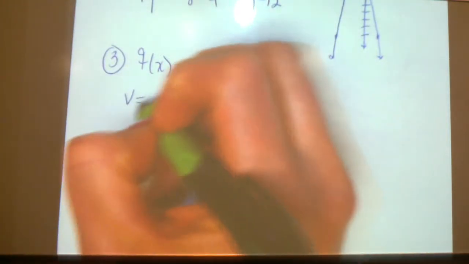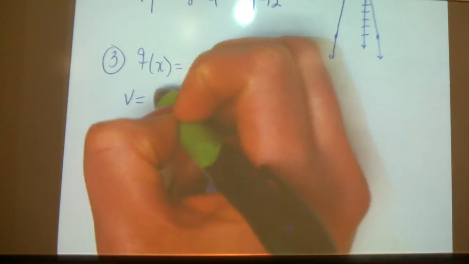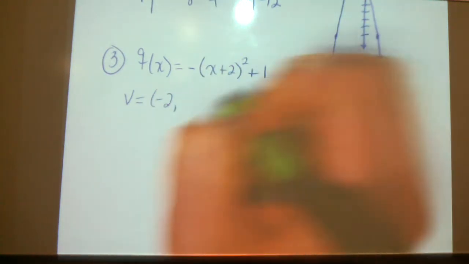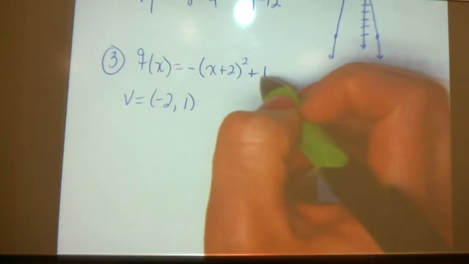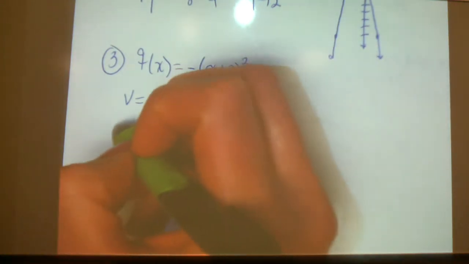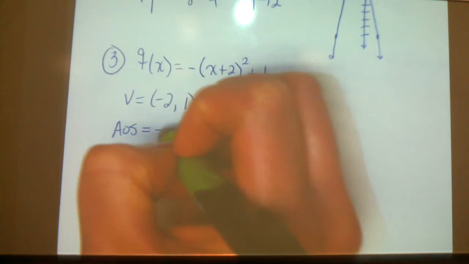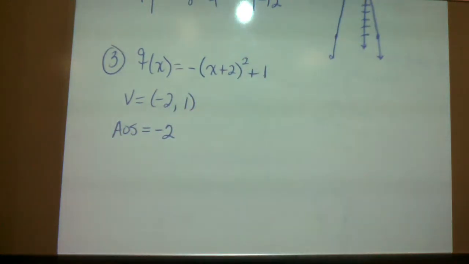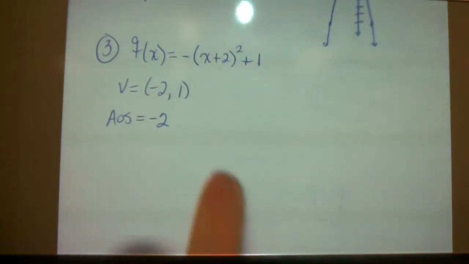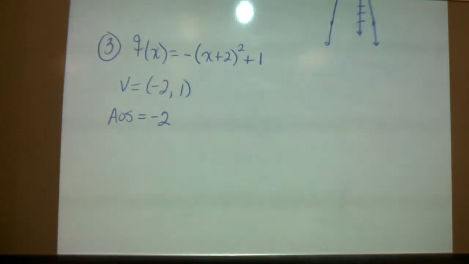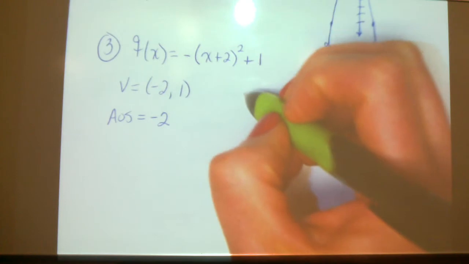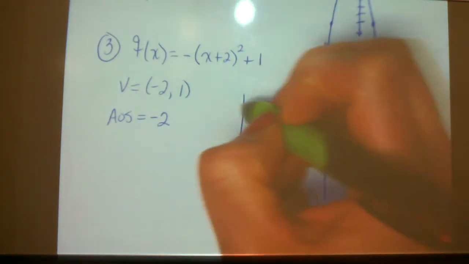It doesn't matter. Let's take a look at this vertex. I'm taking the opposite of what's here. That's a positive 2, so I'm putting a negative 2. And then this value is whatever it is. This says plus 1, so it's 1. The axis of symmetry is the x part of the vertex, which is a negative 2. Now, before I graph it, I see that this is a negative. That's telling me my graph's going to be opening downward. We'll keep that in mind. Let's set up our table.